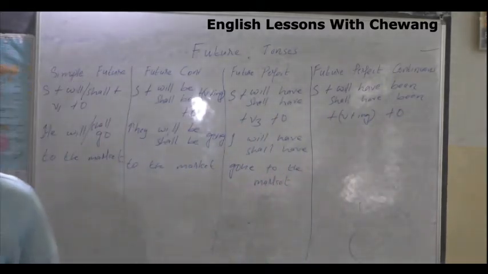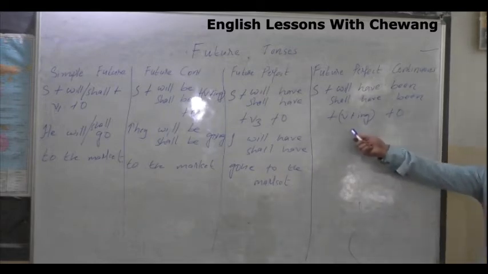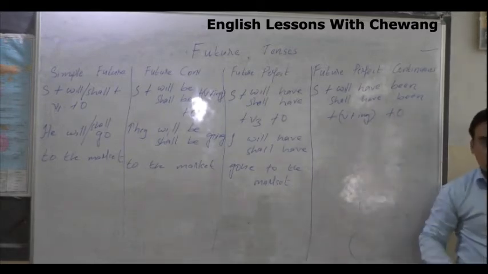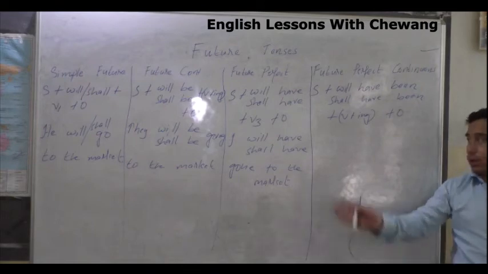This is the form. Okay. So will have been, shall have been plus verb in ing. Remember, there will be in any cases. Okay, by any means it will be there.